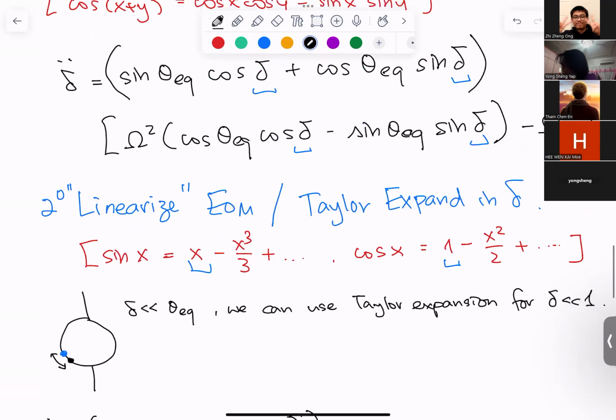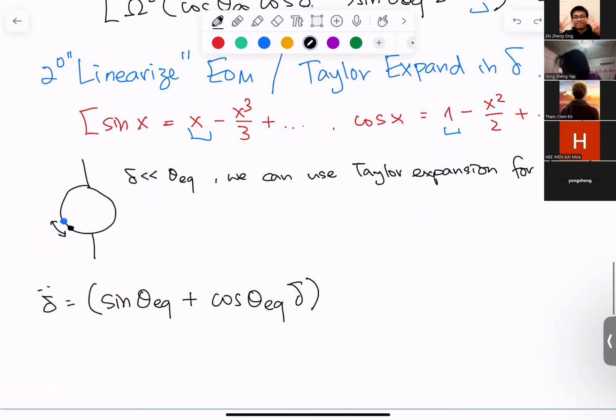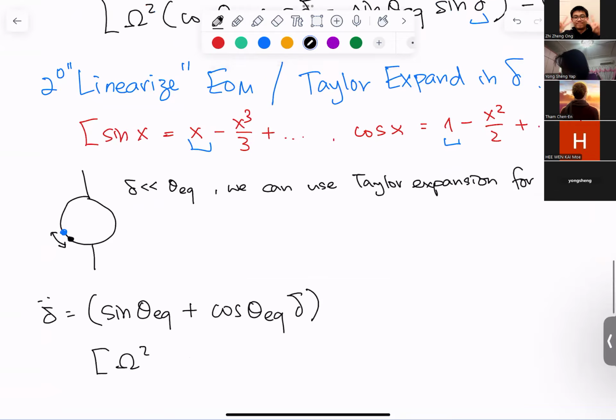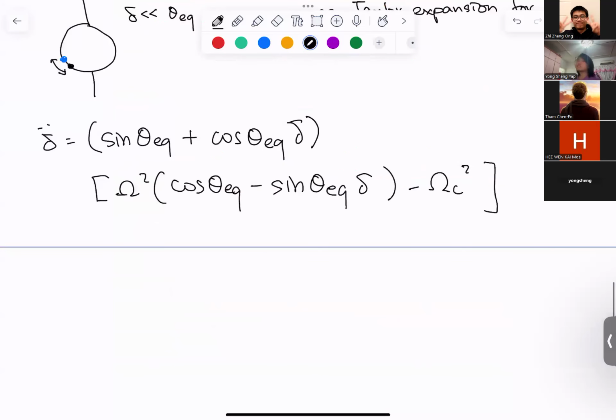And then the next half, we have omega squared times cosine theta EQ times cosine delta, which is 1 minus sine theta EQ delta, minus omega c squared. So this is our equation of motion, which has been linearized in delta.